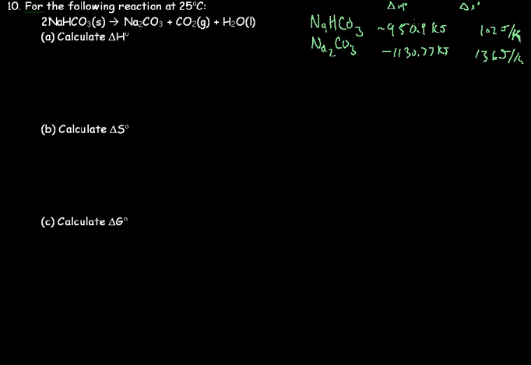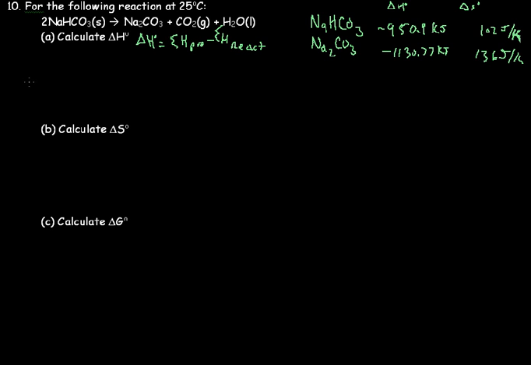So let's calculate delta H. This is going to be the H of our products minus our H of our reactants. So delta H is equal to the sum of our H products minus the sum of our H reactants.